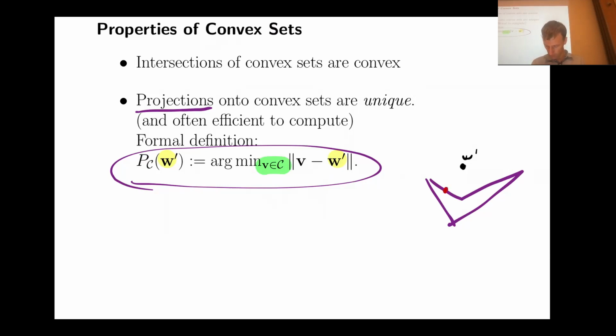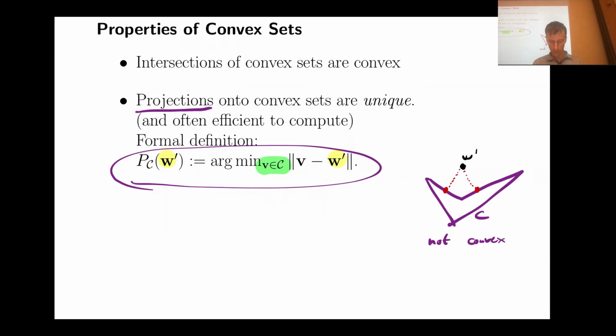It looks to me, I'm not good at drawing, that these two candidates are equally close, and these seem to be the closest points in the set C to W. This set is not a convex set, just to give you an example that sometimes you have several projections, several candidates which are closest.